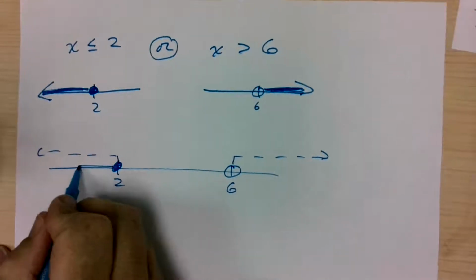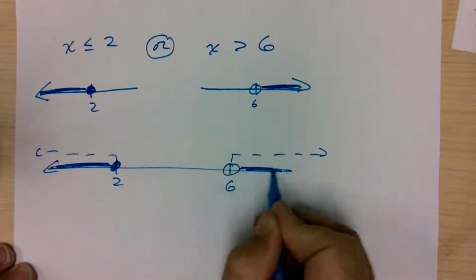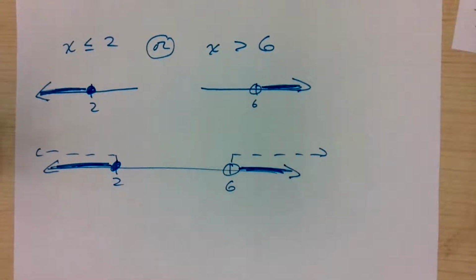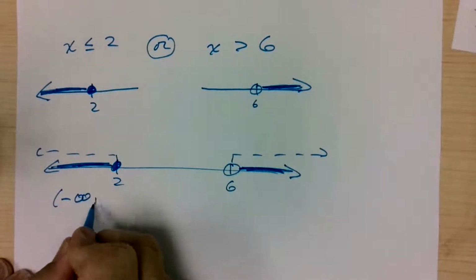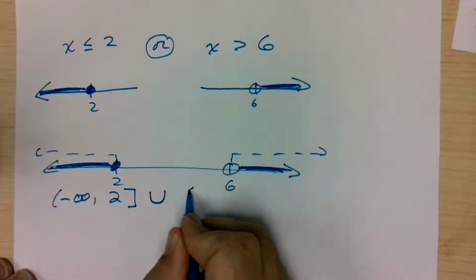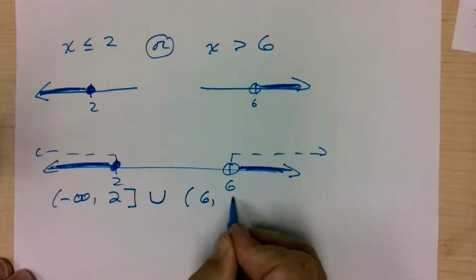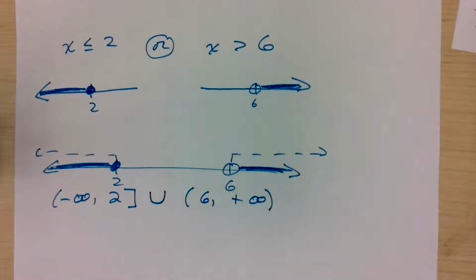It would be this way, together with this way. Now, how do we express that in interval notation? We say negative infinity, comma 2, square bracket, union, round bracket, 6 to positive infinity. So we express it that way for an or situation.